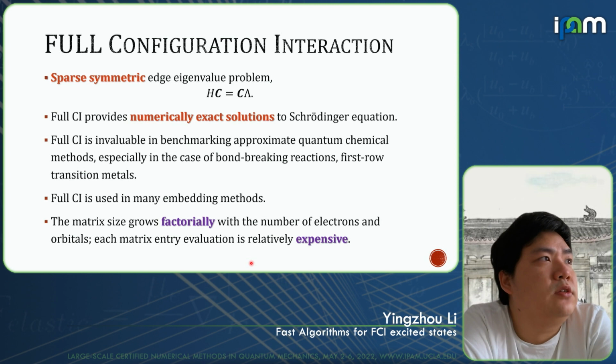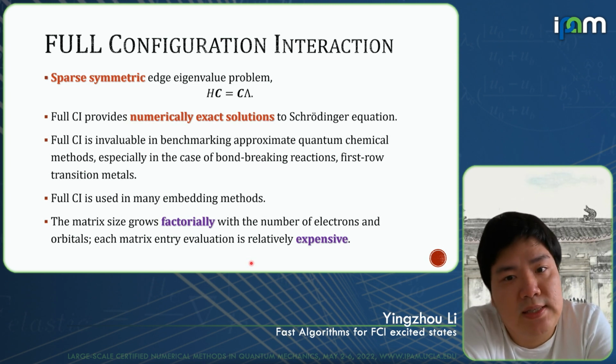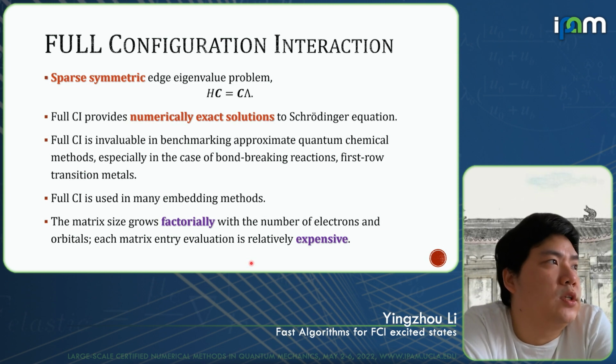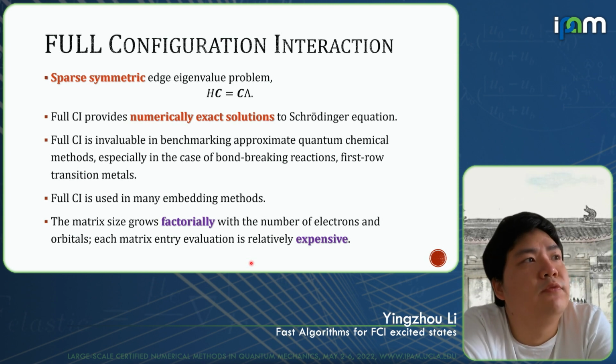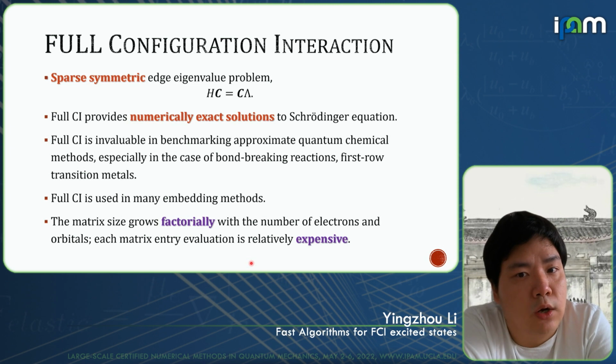Full CI provides a numerically accurate solution to Schrödinger's equation, and the only approximation is the truncation of the basis set. Full CI is invaluable in benchmarking approximate quantum chemical methods, especially for bond breaking reactions and first row transition metals. Essentially, it's very important for strongly correlated systems. Full CI is also used in many embedding methods as a solver for the embedded part.